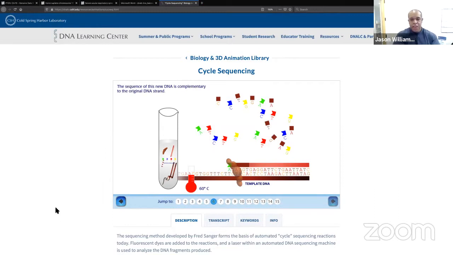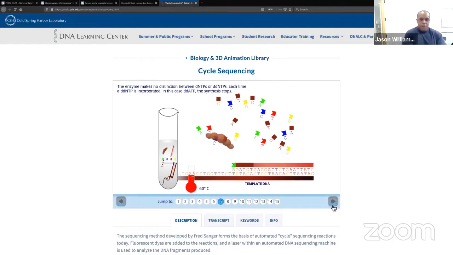Because it's dideoxy, it's missing an extra oxygen. When the polymerase tries to add the next base, it actually will not succeed. The next base can't connect. And so the polymerase quits, falls off, and you end up with a piece of DNA that is labeled at the end with one of these colored nucleotides.